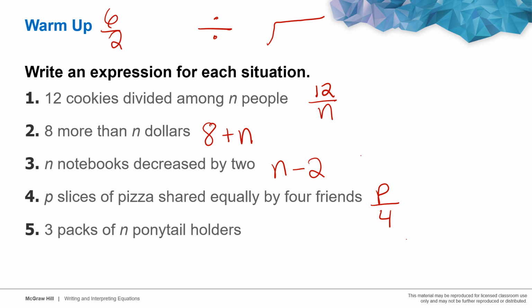All right, and then number 5, it says 3 packs of N ponytail holders. So if we have some amount of ponytail holders in our packs and we have 3 of them, what do we think that's going to be? That'd be multiplication. So sometimes we see a multiplication like this. We see it like 3, with the dot, or we see it like 3 times with the X. What's another way we can see it?